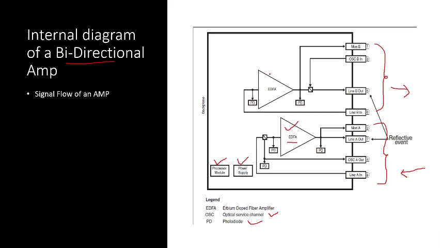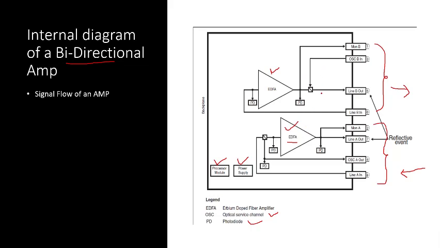The EDFA used for the upper direction, from site 1 to site 2, is known as a booster, whereas the lower EDFA is known as a pre-amplifier.